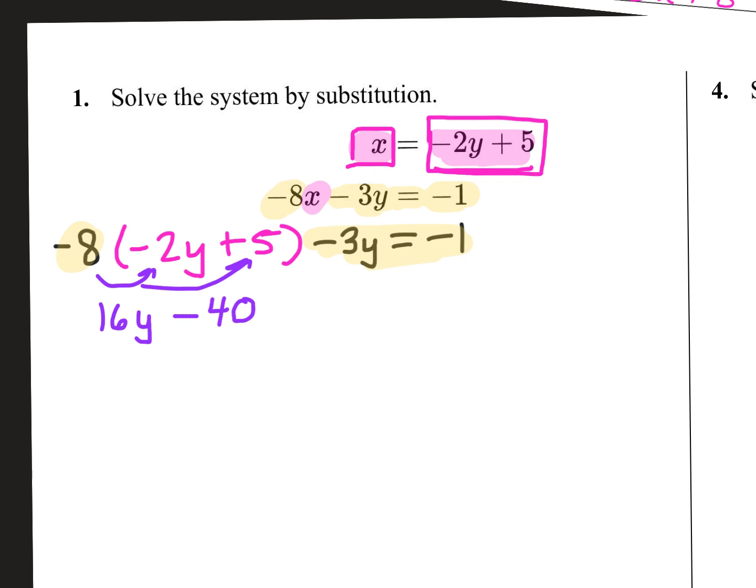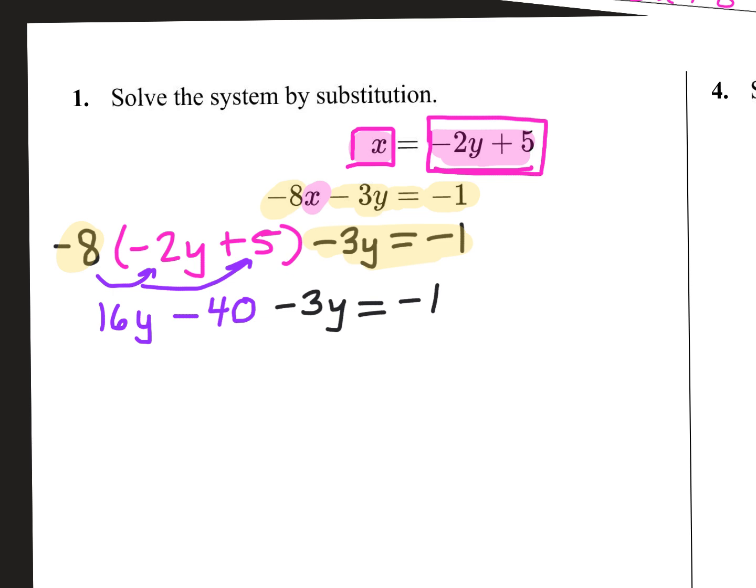And now we don't have anything in the parentheses. Don't forget now to bring the rest of the equation down. So I still need to bring down negative 3y equals negative 1. So there's a lot going on with this equation, right? And so we can do step 5 from our notes to make it a little bit more simple.